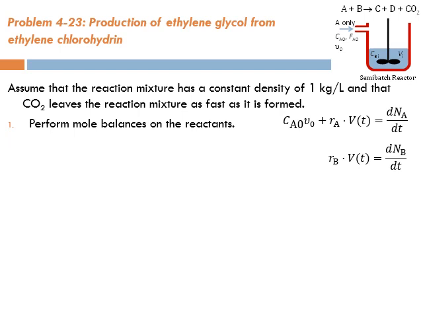We have the mass balance from which we can derive an equation for V. Okay, let's look at the mass balance. What does it say? Again, for the mass balance, we can write m dot in minus m dot out equals dm of the system by dt.